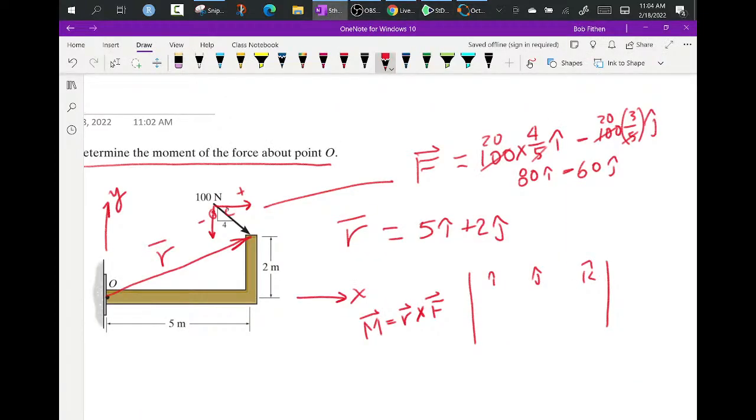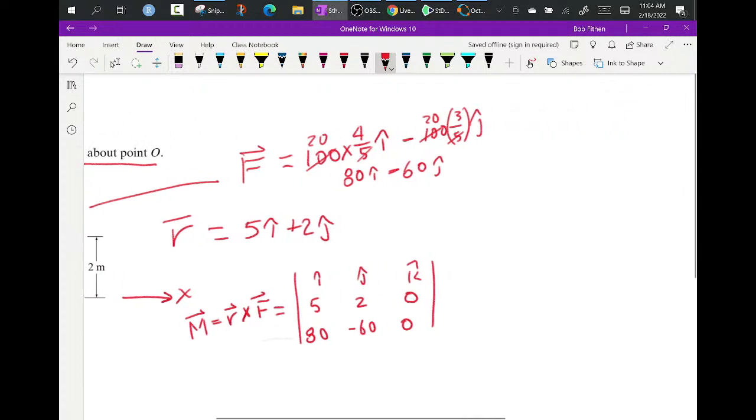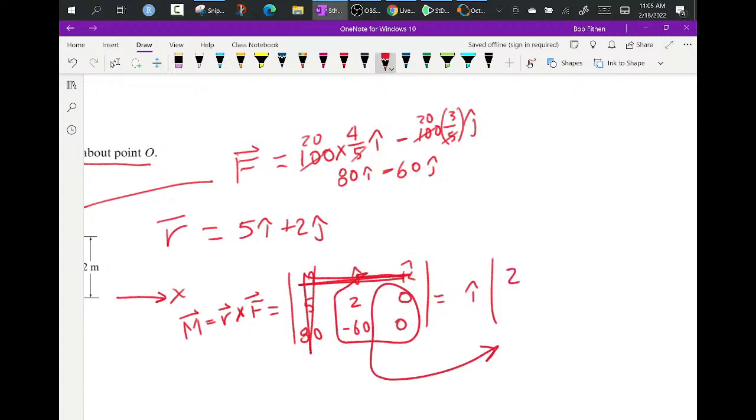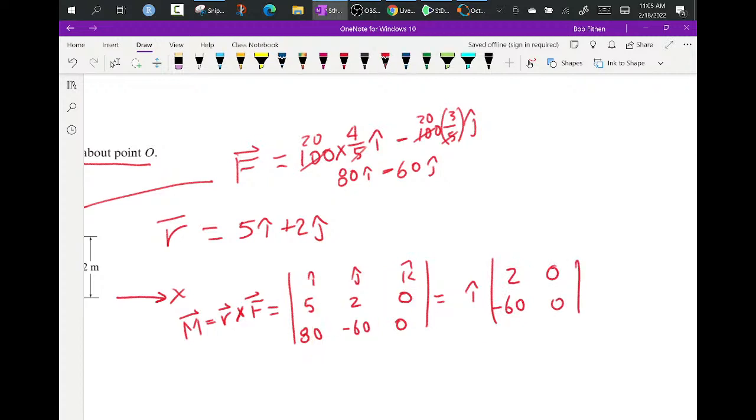So we list R first, I, J, K. We list the other one second, 80, minus 60, 0. This is supposed to be equal, so if we carry this out, cofactor expansion, removing this and this, and taking this over here, we get 2, 0, minus 60, 0.